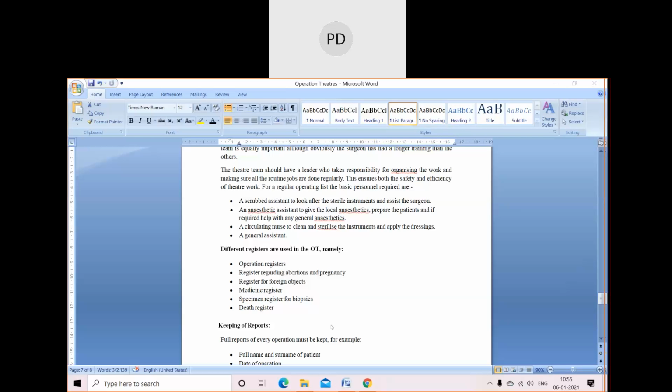So for OT also there is a register for medicine. Whenever there is a need, you need not ask the patient to get it or indent the particular medicine, you have to use it then and there, right? The time for administering that medicine is very less.